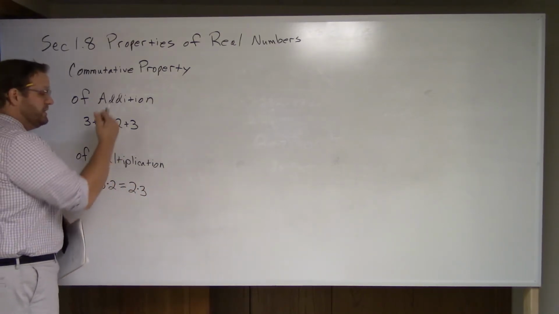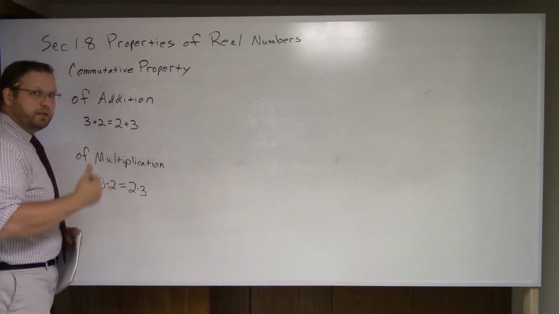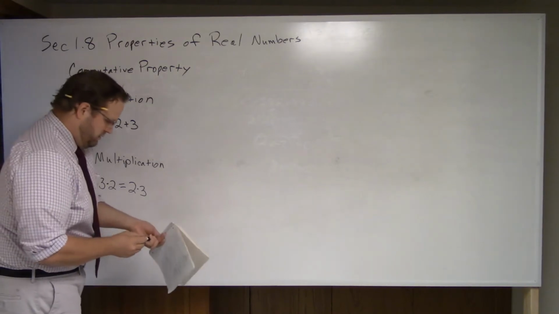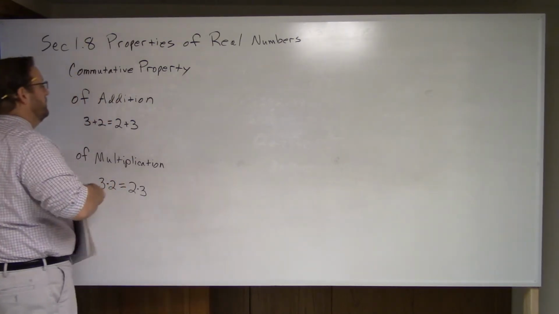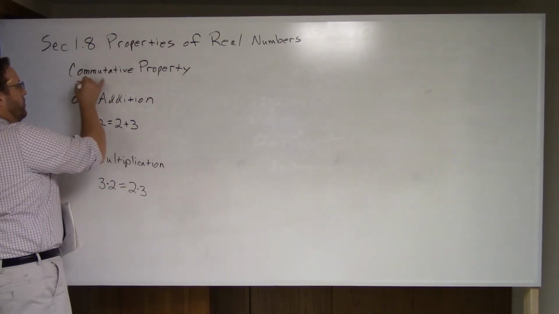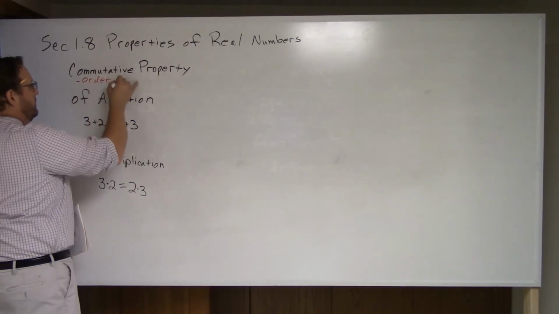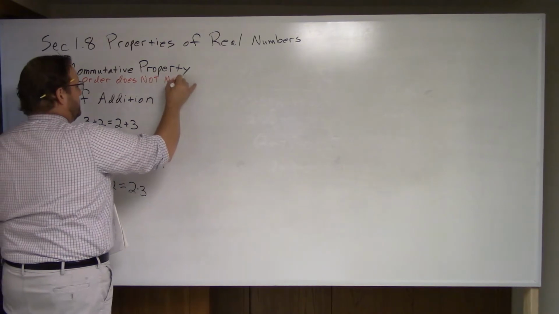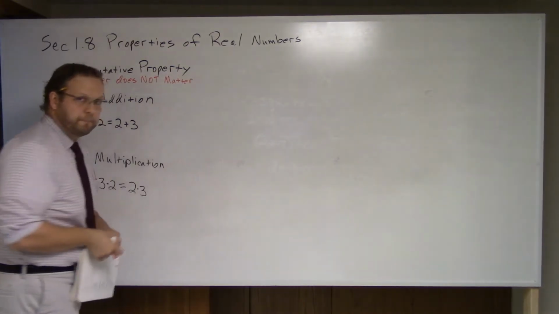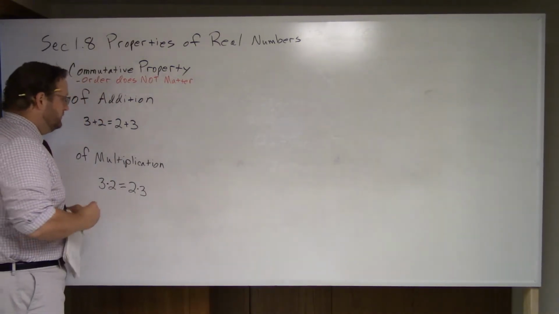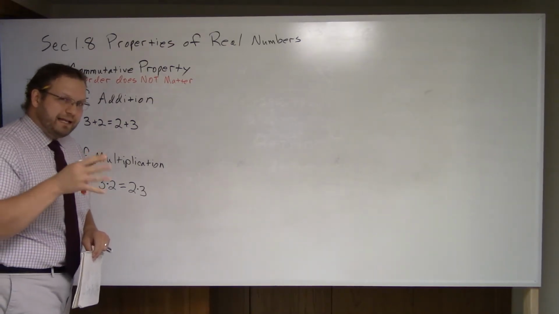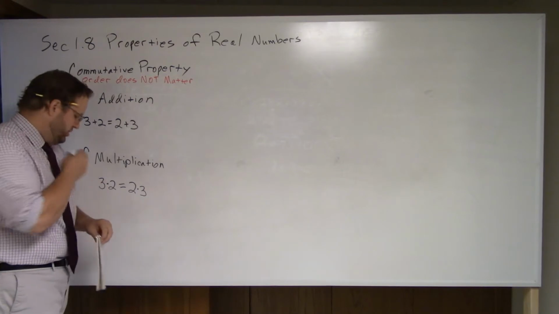So again, whether it's addition or multiplication, what commutative property tells us is that order does not matter.